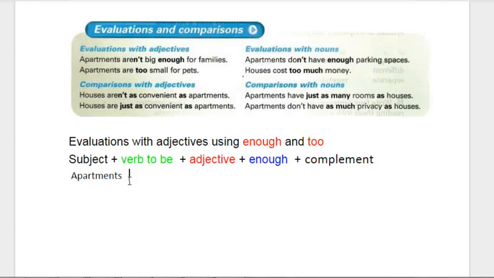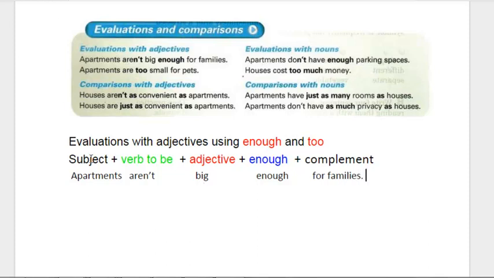This is followed by the verb to be, in its negative form. Then this is going to be followed by the adjective, in this case big. Then this is going to be followed by enough. And then we're going to have some sort of complement, in this case families, right?